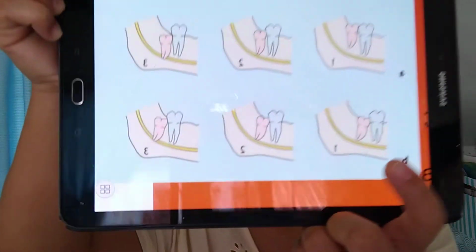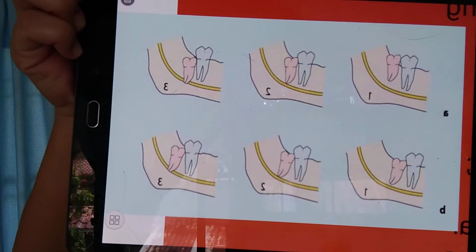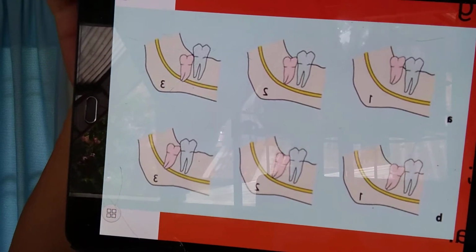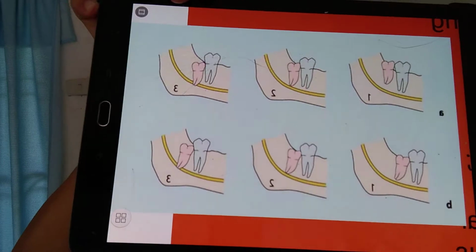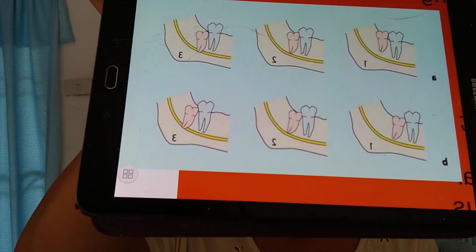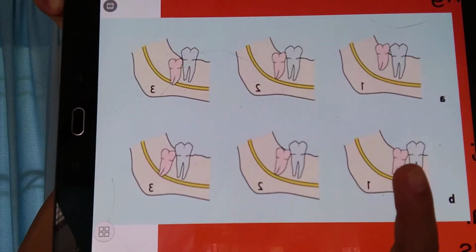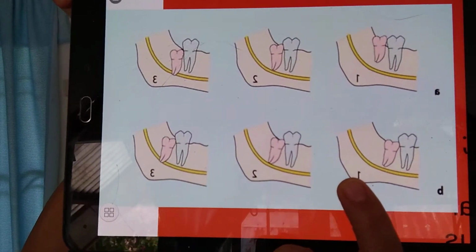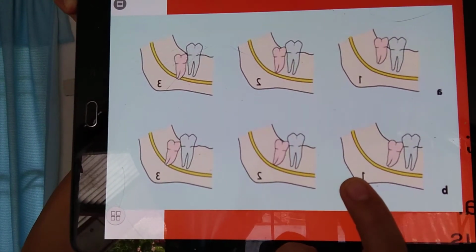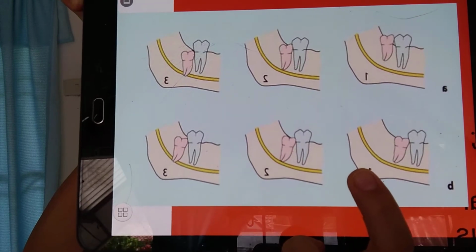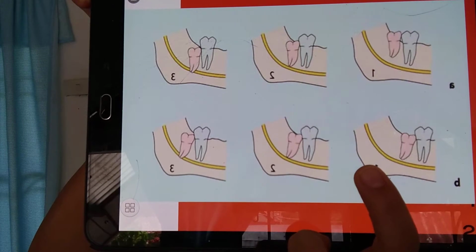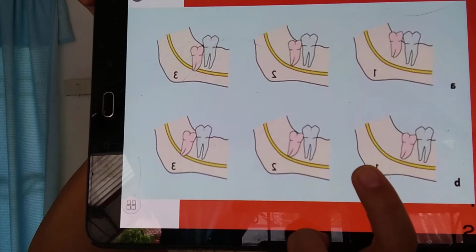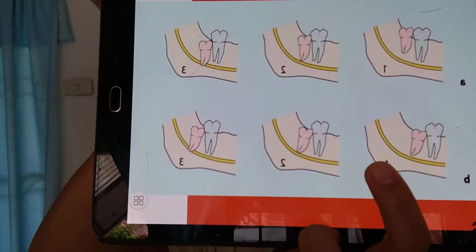And for letter B, the position is according to the distance between the second molar and the anterior border of the ramus of the mandible. For class 1, the distance between the second molar and the anterior border of the ramus is greater than the mesiodistal diameter of the crown of the impacted tooth, so that its extraction does not require bone removal from the region of the ramus.